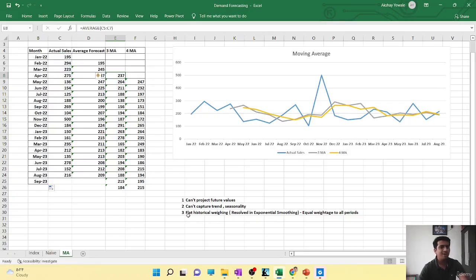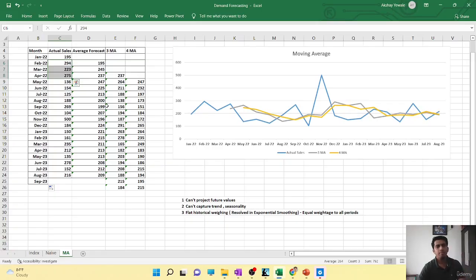So ideally this is what should be happening, but the moving average gives equal weightage. So there is something called a weighted average as a variation, which I have not plotted here, but you can do that as well, where when you're taking an average for the last 3 months or last three periods, you may give 50% weightage to the recent period, and 25% to each of the previous two periods.